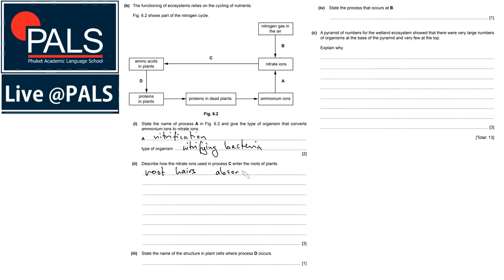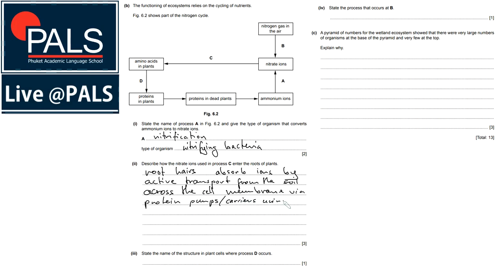Absorb ions by active transport from the soil, water then by osmosis, and that happens across the cell membrane via protein pumps or carriers using energy from respiration.